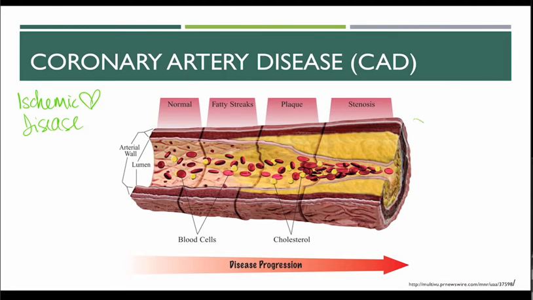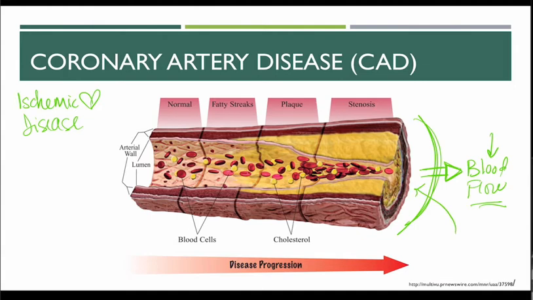So if your vessel looks like this, you're going to have a worse ability to deliver blood flow. Blood flow goes down. If you can't deliver blood flow and your cardiac myocytes need oxygen, you're going to experience a mismatch between supply and demand. The myocytes will demand more oxygen than this crowded vessel can supply.